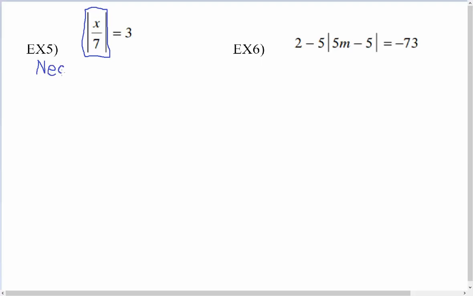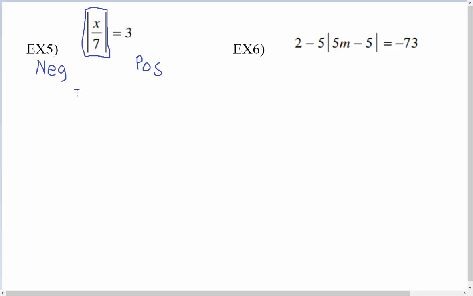So since it is by itself, we're able to go ahead and split the problem into the two directions, positive and negative, because absolute value again is the distance from zero. And when we're doing distance from zero, there are two directions that we can go, negative and positive. So in this case, we have the absolute value of something is 3.